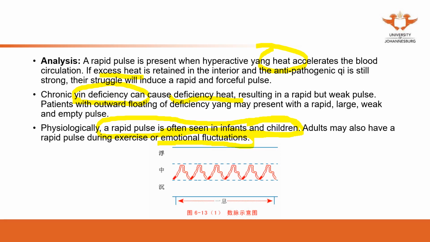So this is the situation where someone comes to you for consultation, they are late for your appointment, so they are rushing. Once they arrive at your consultation room, you feel the pulse directly, and you feel the pulse is quite quick, and then you diagnose a rapid pulse.